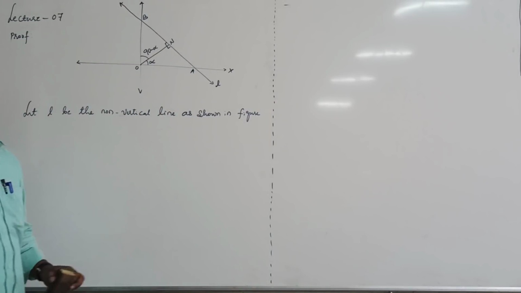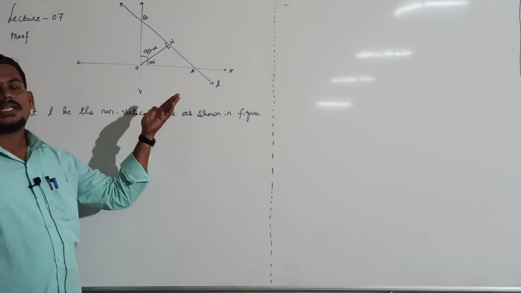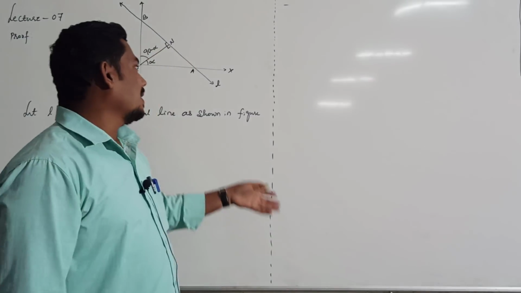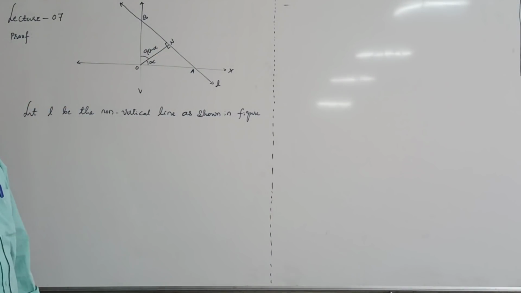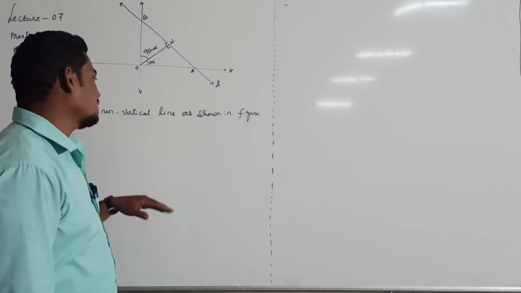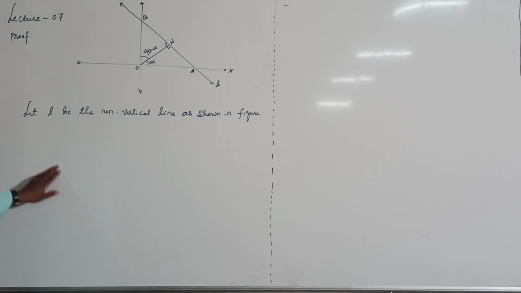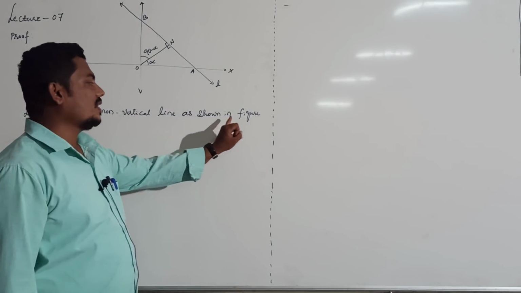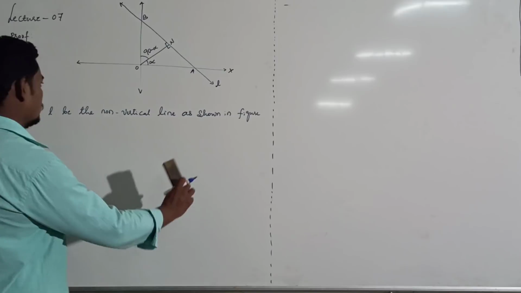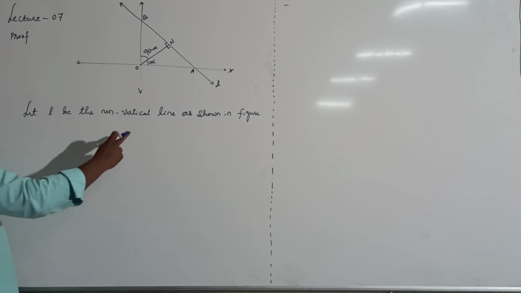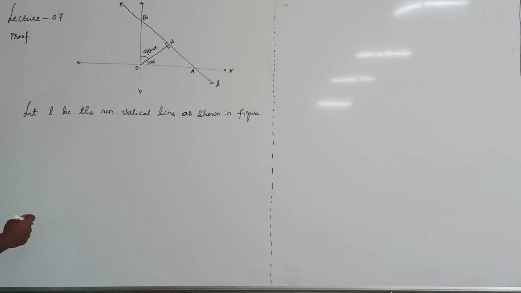Clearly it is a non-vertical line. Vertical line means which is perpendicular to the x-axis. Clearly this line is non-vertical, means it is not perpendicular to the x-axis. Let L be the non-vertical line as shown in the figure.